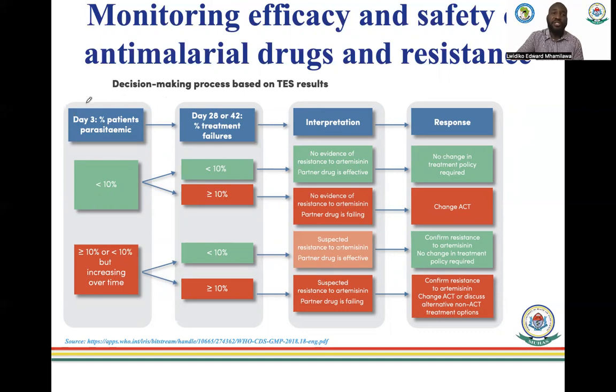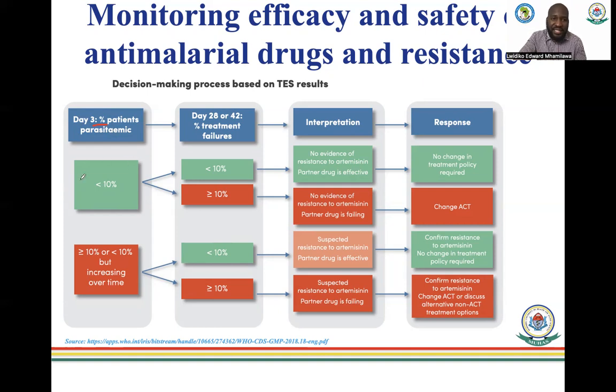So you take your patients, you treat them, and then you look at how many of them by day 3 are still parasitemic. They come for a follow-up for 28 days or 42 days, depending on the half-life of the medication. So the percentage of patients parasitemic at day 3 is going to determine what you do.